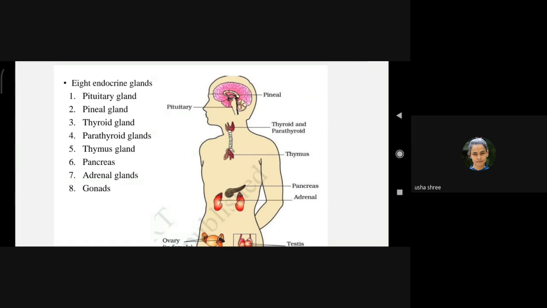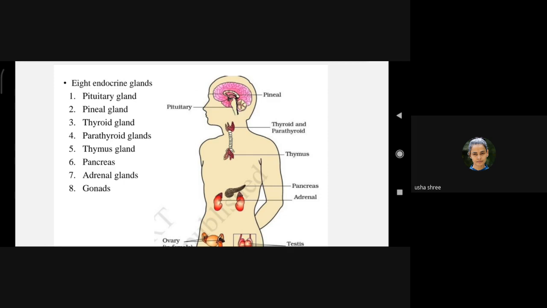A depression is present in that bone known as the sella turcica. In that depression, the pituitary is located just below the hypothalamus.